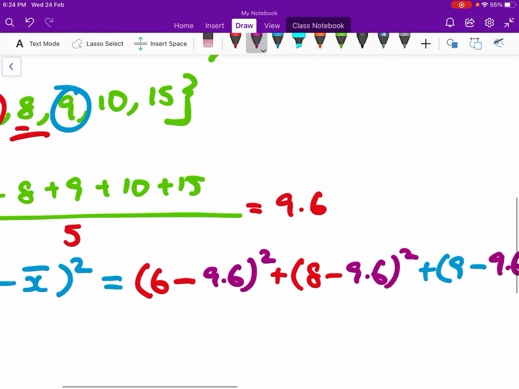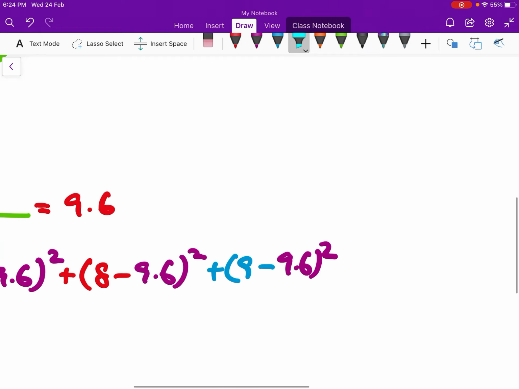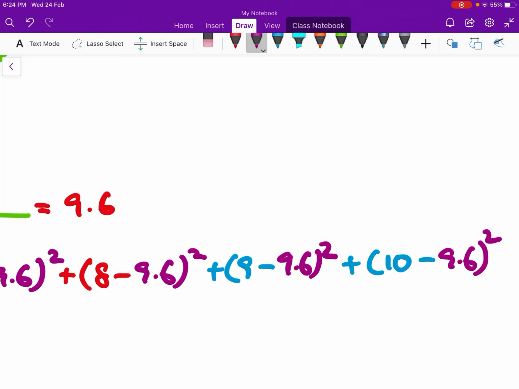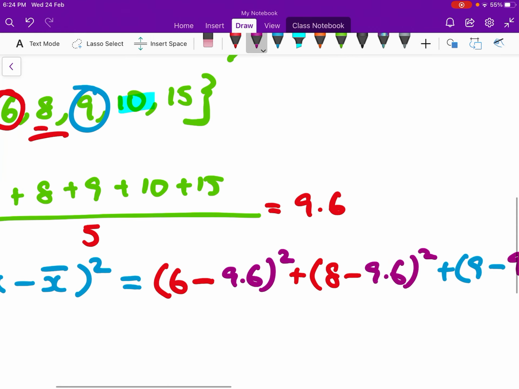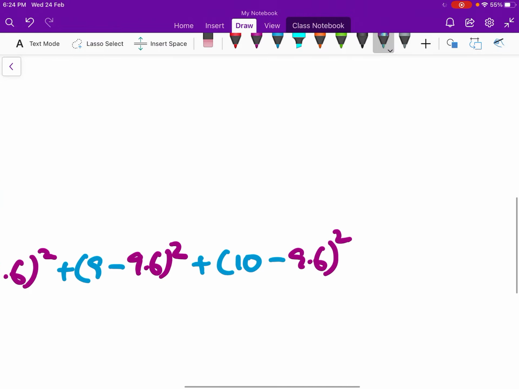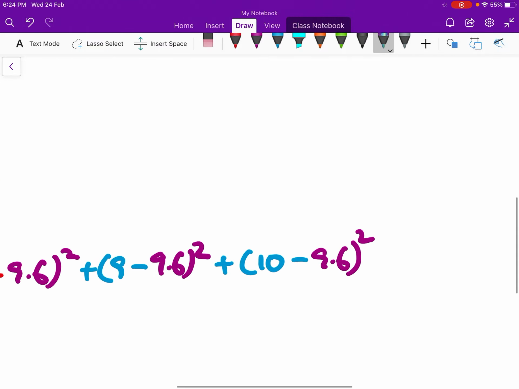Fourth number, 10. Our last number will be 15.